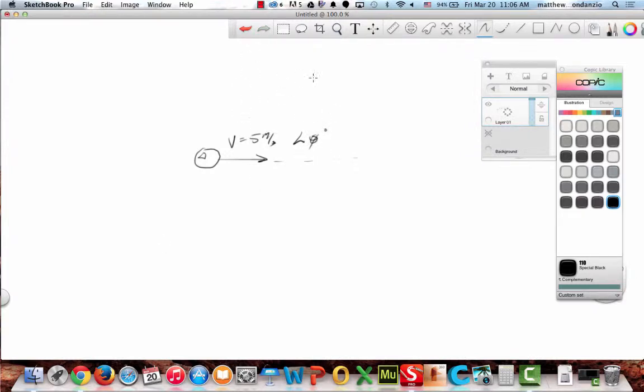Then I have my force, my alien laser beam, okay? And it then changes the motion of the ball so that it's still going with a velocity of 5 meters a second, but this time the angle is 30 degrees negative.